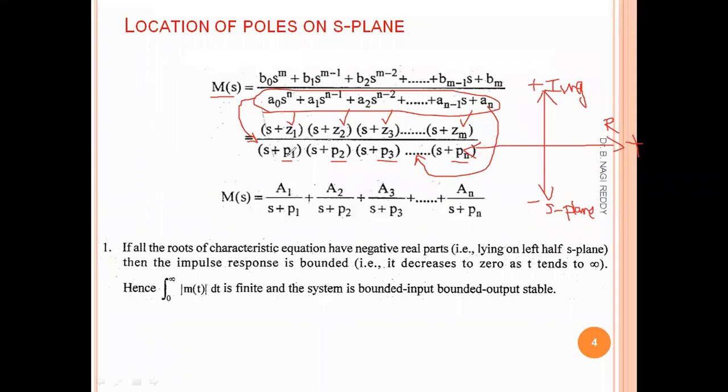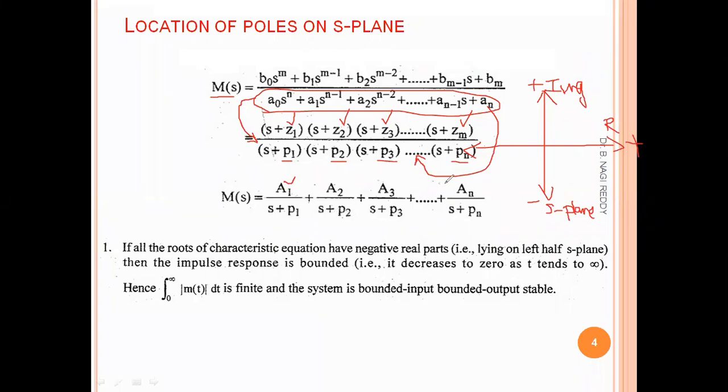From these poles, we know what P1, P2, P3 are. If we place P1, P2, P3 on this S plane, then it is very easy to determine the stability of the system. You can see the factorization is made here.